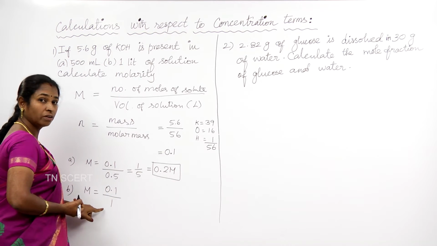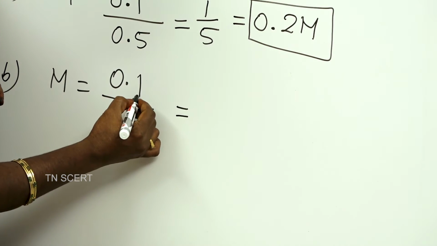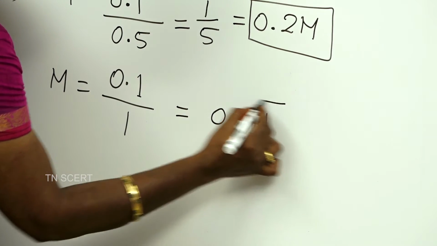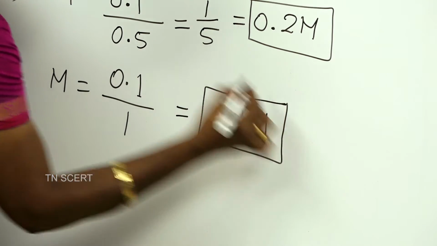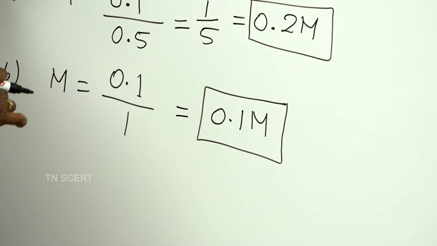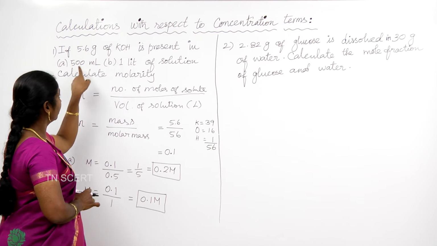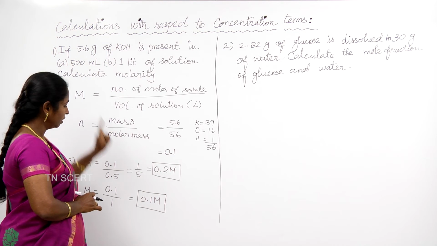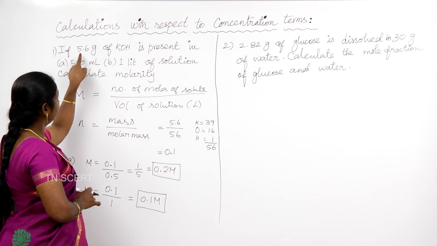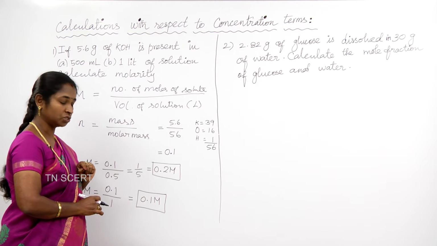So, it is equal to 0.1 divided by 1, that is 0.1 M. So, 0.2 M is the molarity of the solution containing 5.6 gram of KOH in 500 ml. 0.1 M is the molarity of the solution containing 5.6 gram of KOH in 1 liter of the solution.